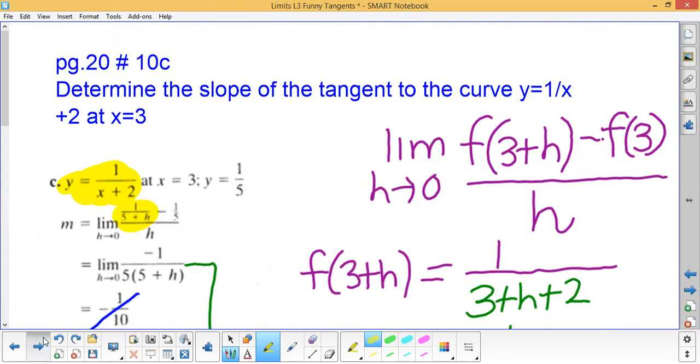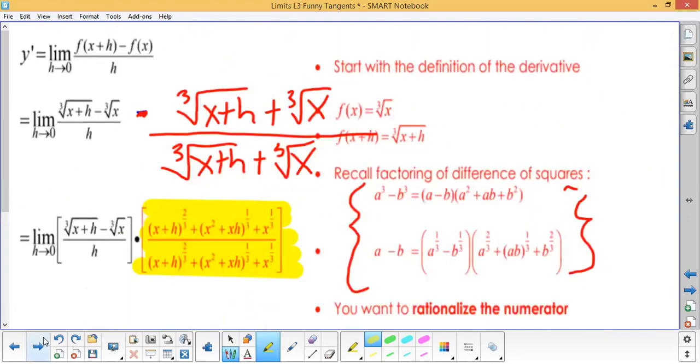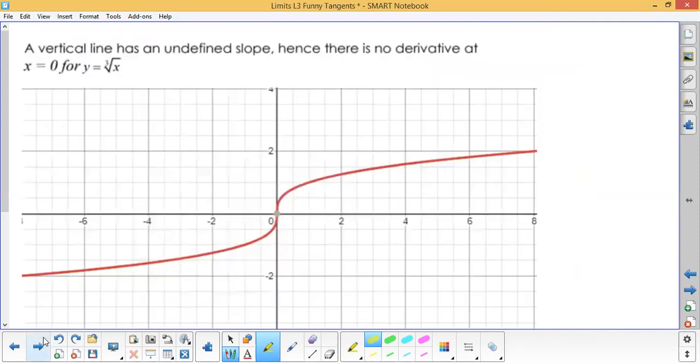I just want to point out a page in your unit guide that looks like this. It was taking the derivative of the function, the cubed root of x. Now, if you use Desmos to graph the cubed root of x, as I believe we were approaching 0.